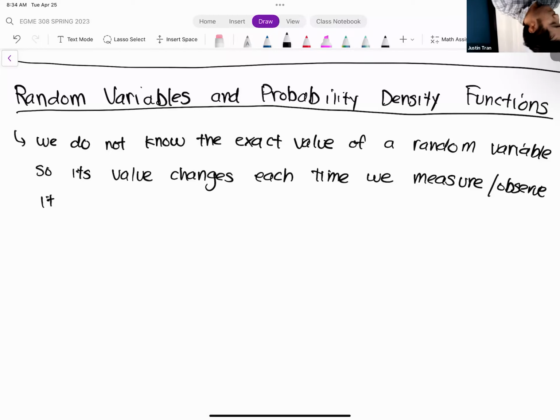But what we talked about last time is that even though we use the term random variable, it's not random in a chaotic sense, right? Even though the value of the variable is changing, there are still some rules associated with it.